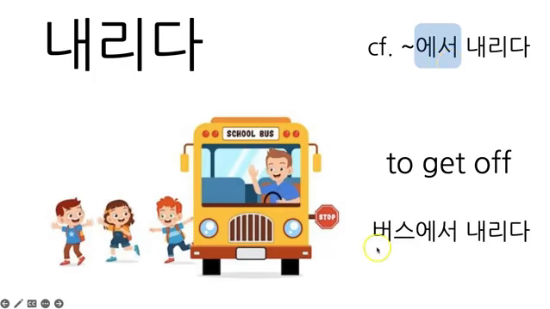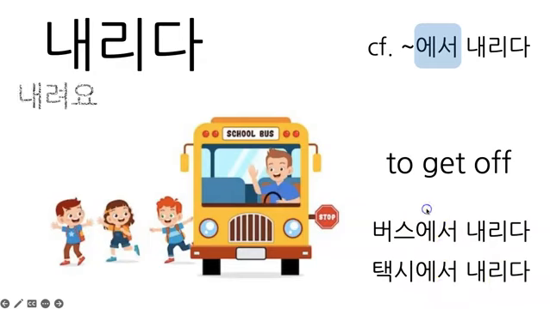So for example, 버스에서 내리다, get off the bus. 택시에서 내리다. So when you remember this verb, then make sure to remember the particle. And this is a polite ending conjugation, 어요, 아요 form, 내려요, and 내리세요 with honorific conjugation.